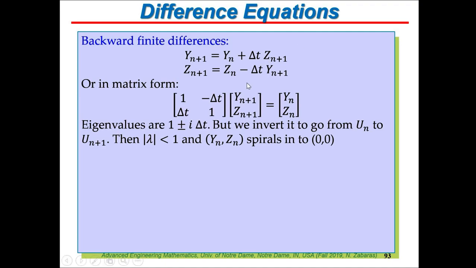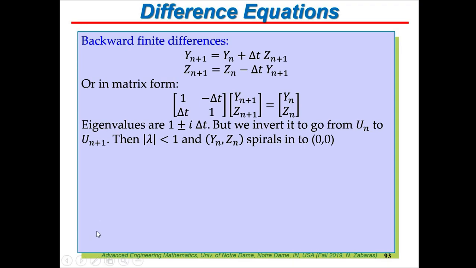But that's not the case, because these eigenvalues are for this matrix, and really what we need is the eigenvalues of the inverse matrix, which are 1 over the eigenvalues of this matrix. Remember, if lambda is an eigenvalue of A, then 1 over lambda is an eigenvalue of A inverse.